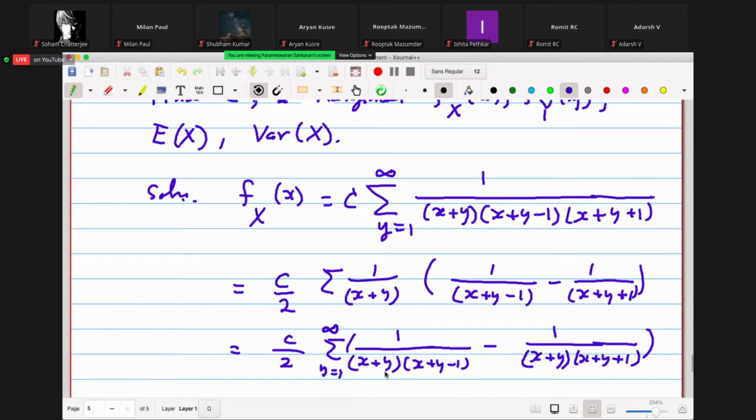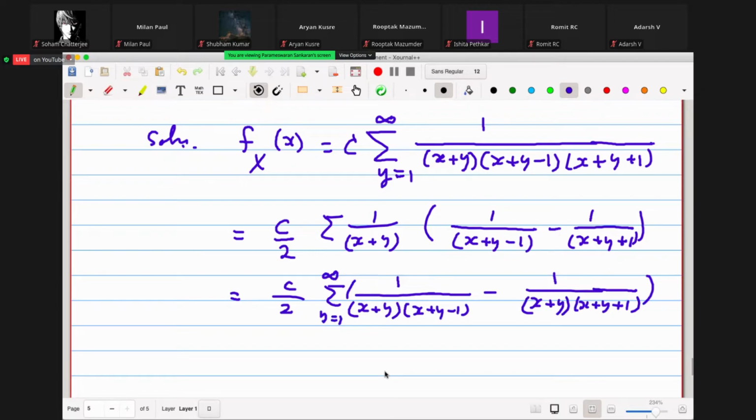Now you see there is going to be telescopic cancellation, because whatever happens to the first term happens to the second but with a shift. So only the y equals 1 term will survive. Other terms are all 0.